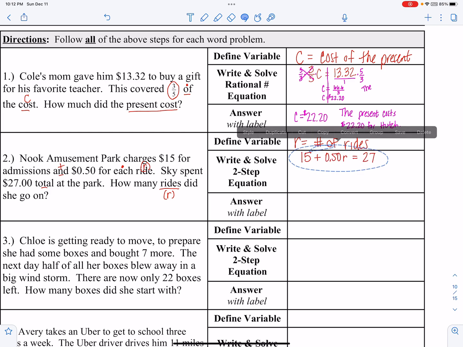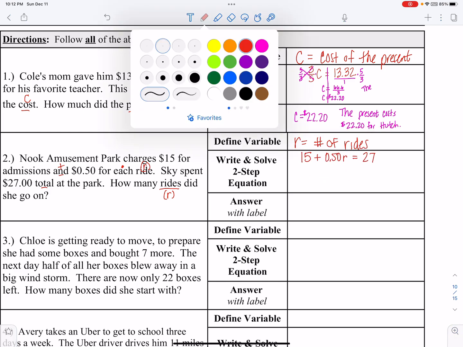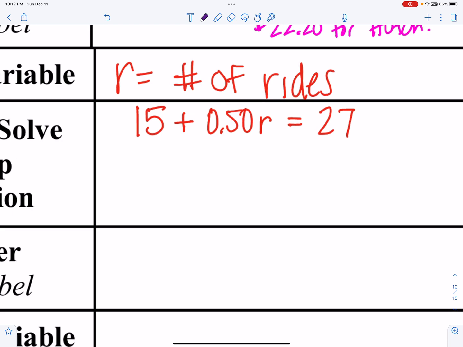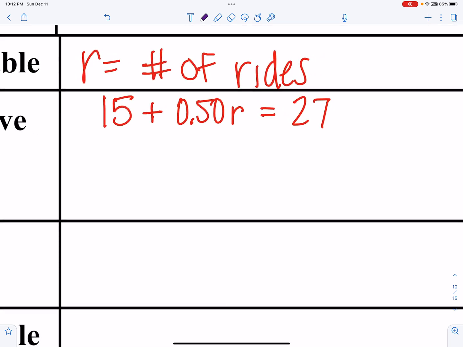I'm going to move it up a little bit higher here, and let's zoom in and solve this problem. We're going to do the reverse of PEMDAS to solve for R. I'm going to ignore this positive 50 cents R for right now and just focus on this positive 15. So we're going to subtract 15 from both sides.